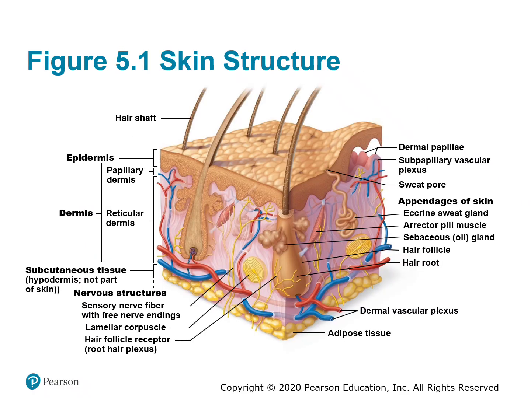So this is a model of the structure of skin. Okay? So all of this part right here is the epidermis. That's just the first 4 to 5 layers of your skin. Underneath that is the dermis.